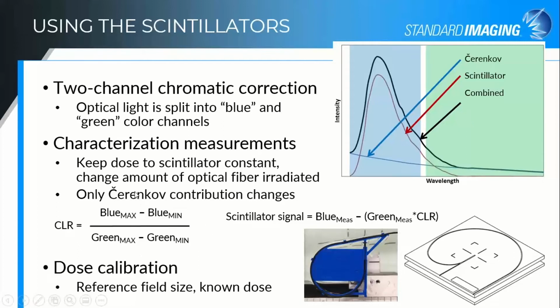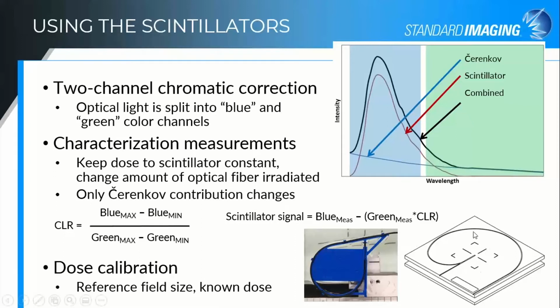The ratio of the difference in the blue channel to the difference in the green channel can be used as a correction factor. We call it the Cherenkov light ratio. With this Cherenkov light ratio, you can correct subsequent measurements using the amount of signal in the green channel times the Cherenkov light ratio to subtract the Cherenkov from the blue channel. And that gets you the scintillator signal alone.